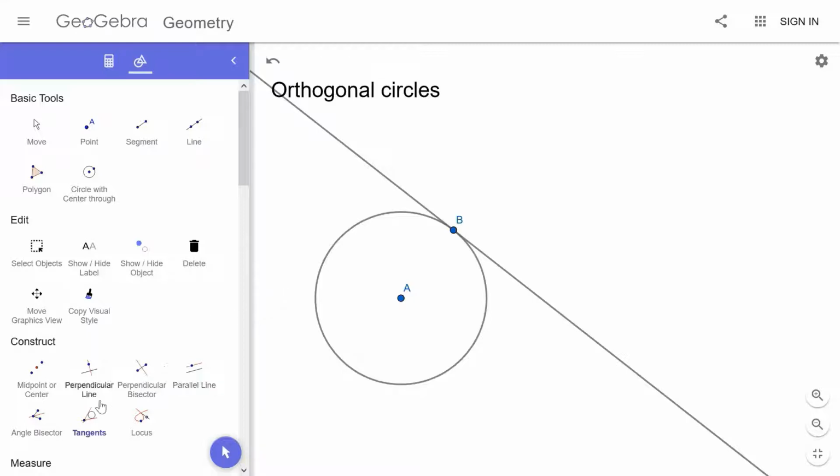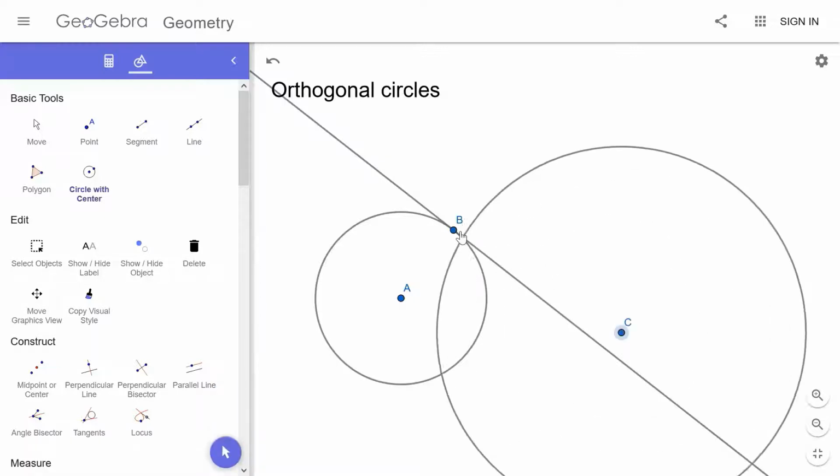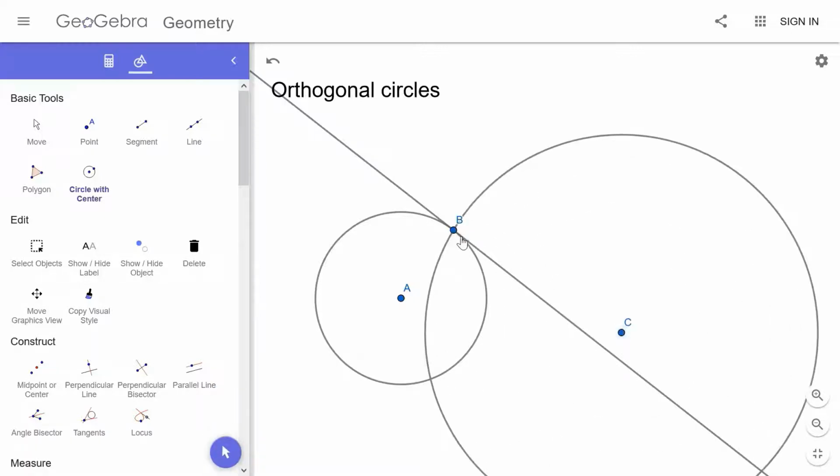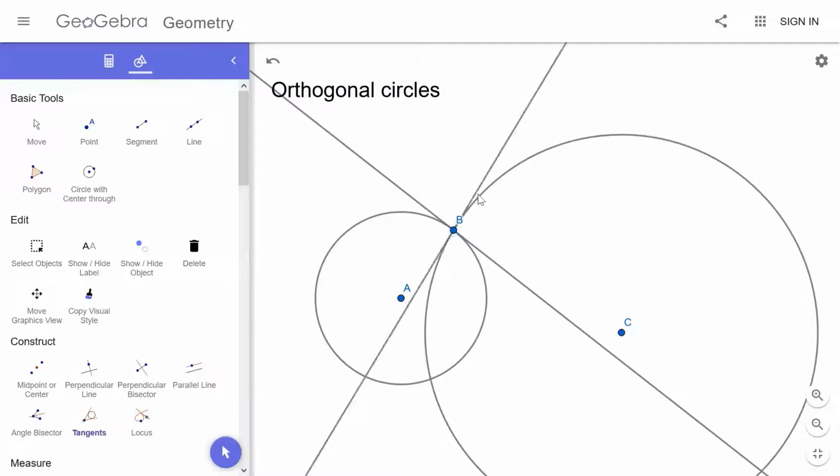For instance, if we're looking at two circles which are intersecting at some point, then the angle formed by these two circles at the intersecting point could be simply defined as the angle between the tangent lines of these two circles at the intersecting point.